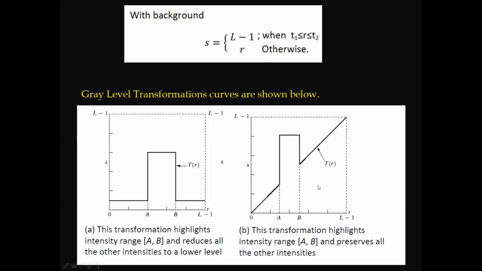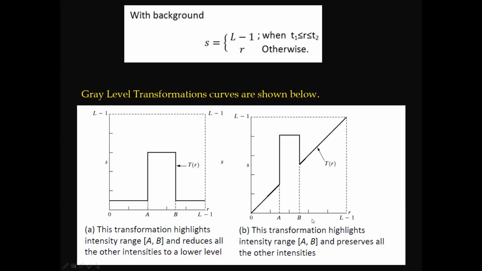Next, coming to the second figure, it is also a gray level transformation curve. But this gray level transformation is completely different, because between A and B the intensity levels are highlighted, and the other intensity levels are also preserved.